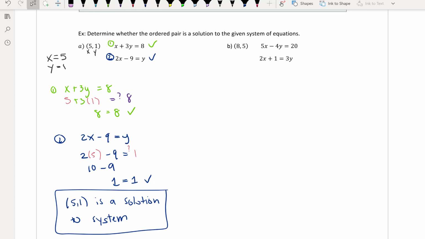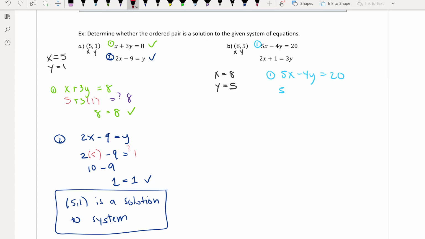Let's see if we can do the same thing for part B. For part B, we have our x and our y values. So here's our x, here's our y. Here we have that x is equal to 8 and y is equal to 5. For our first equation, we have 5x minus 4y is equal to 20.